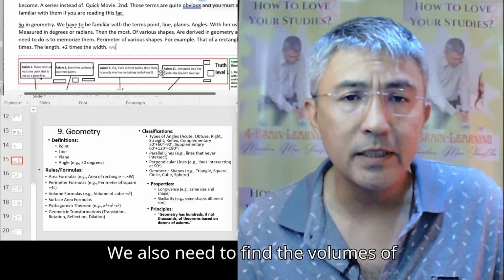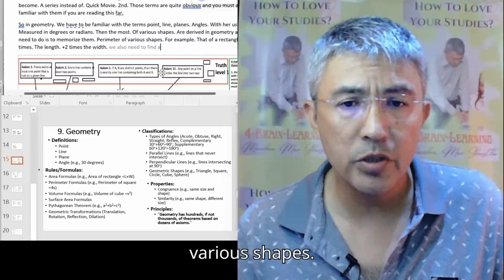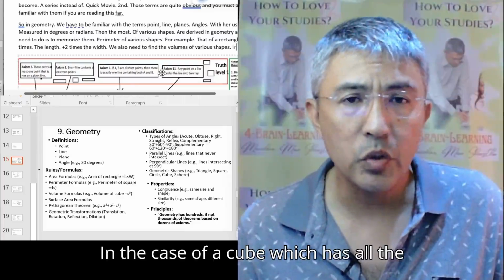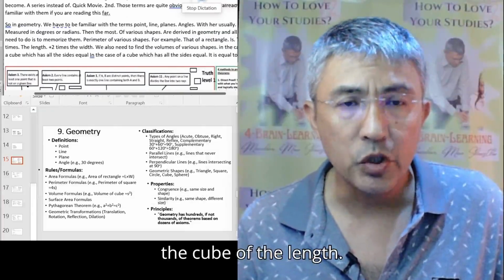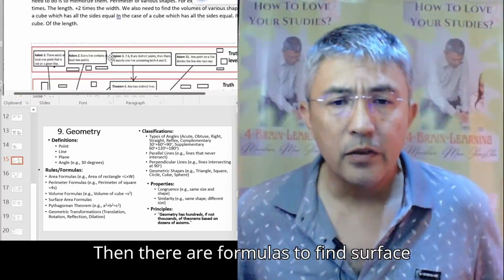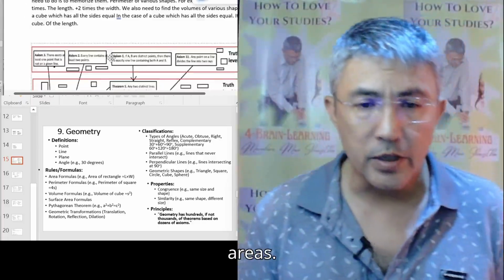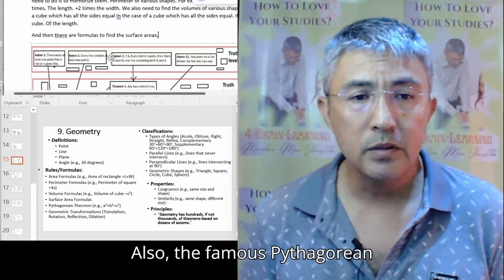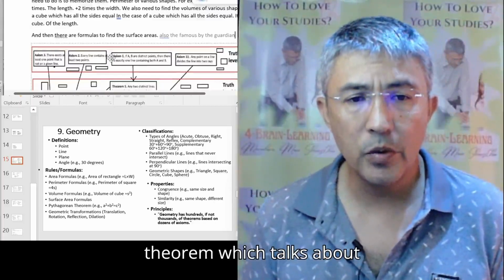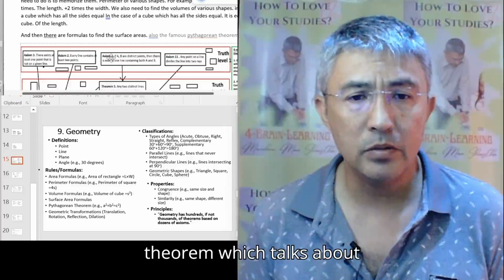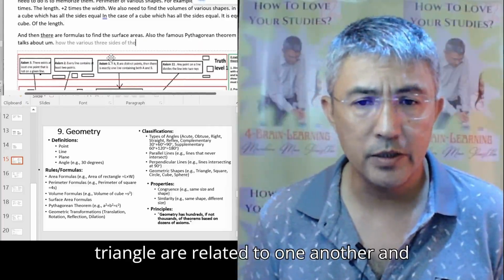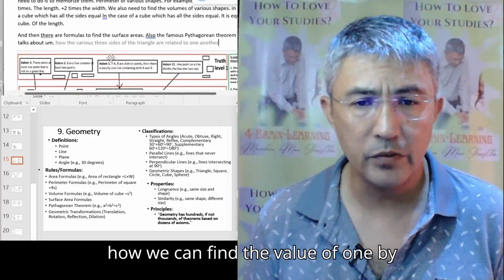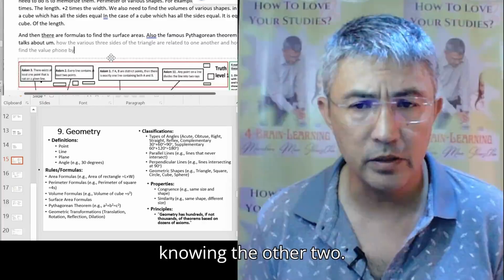We also need to find the volumes of various shapes. In the case of a cube, which has all the sides equal, it is equal to the cube of the length. Then there are formulas to find surface areas. Also, the famous Pythagorean theorem, which talks about how the 3 sides of the triangle are related to one another and how we can find the value of one by knowing the other two.